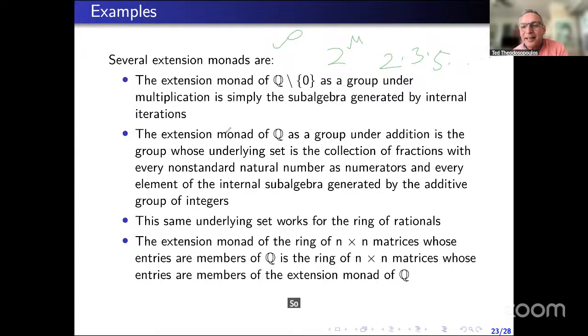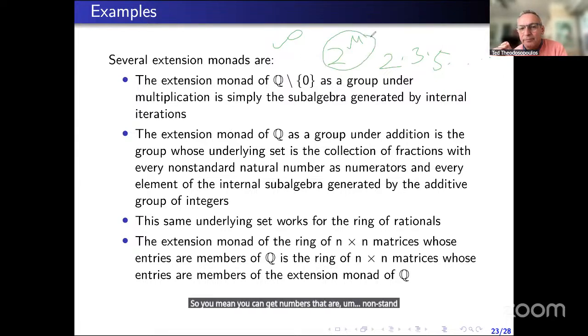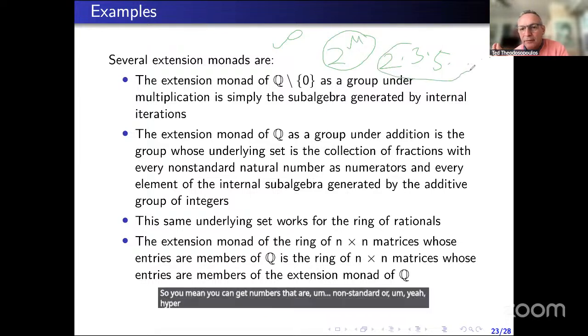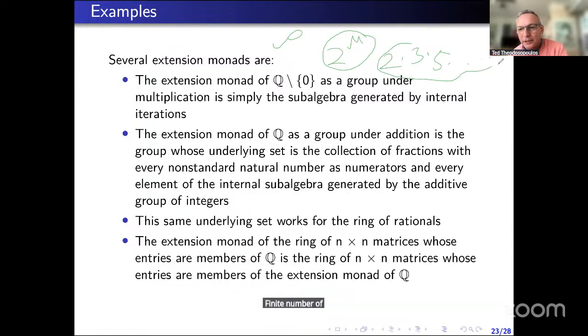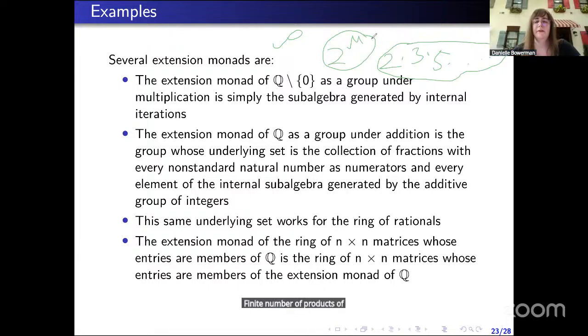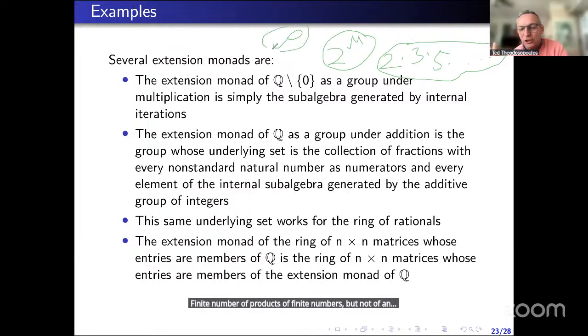So you mean you can get numbers that are a non-standard or hyperfinite number of products of finite numbers, but not an internal prime that's infinitely large.